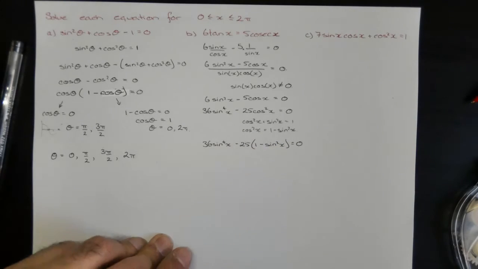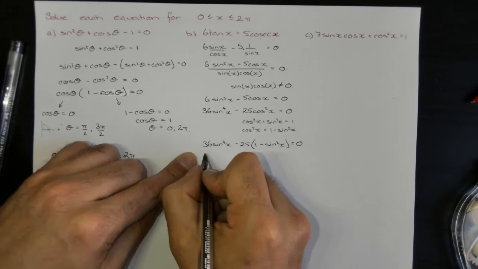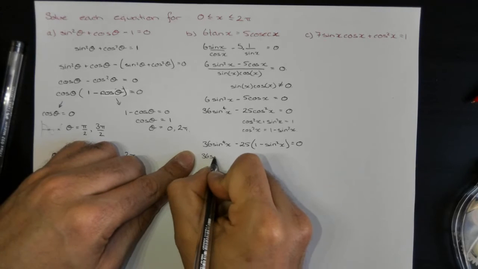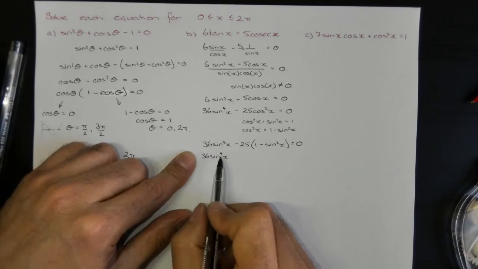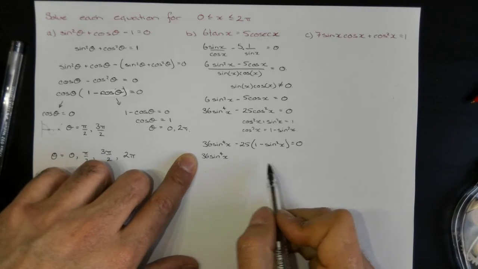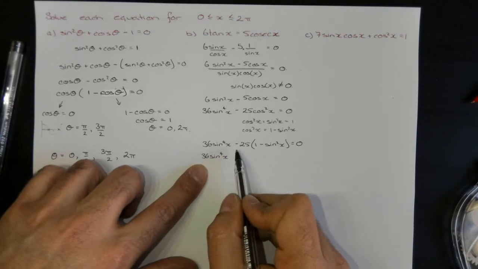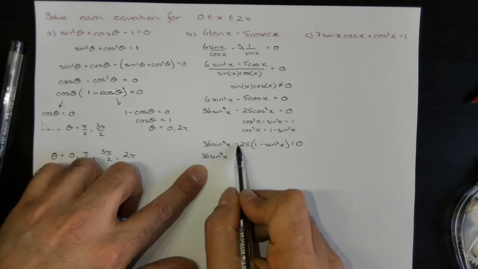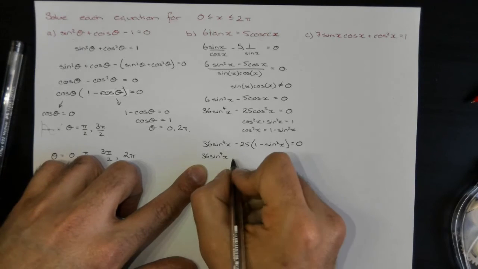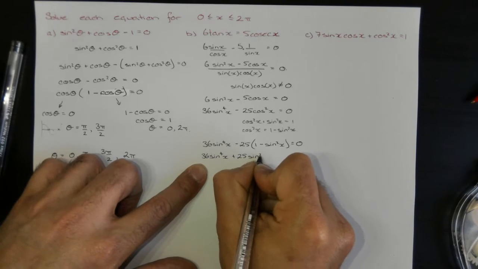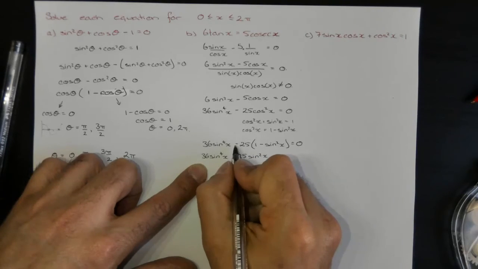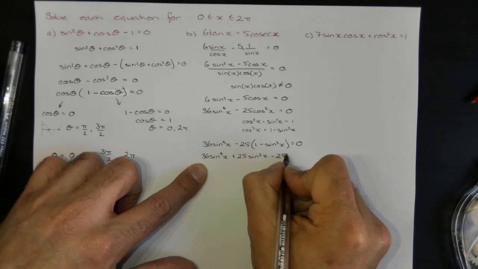Expanding this out, we get 36 sine to the fourth x, and I'm going to try to do it so that it decreases in degrees. So the next one will be that. Negative 25 times that becomes positive 25 sine squared x, and then minus 25 equals 0.